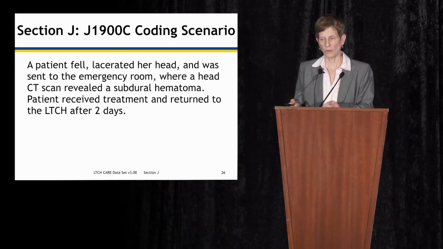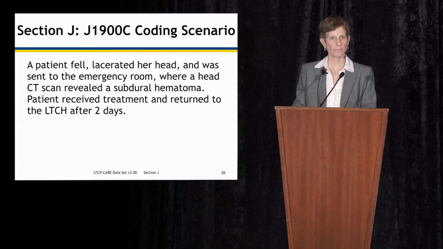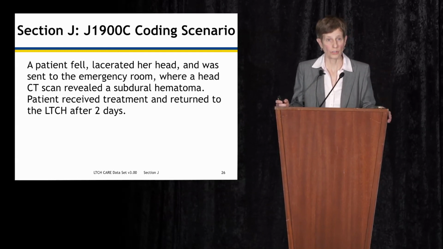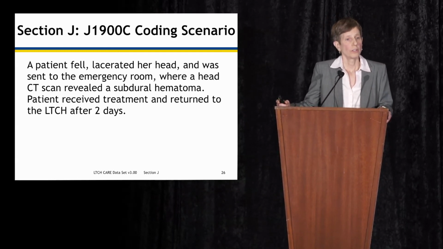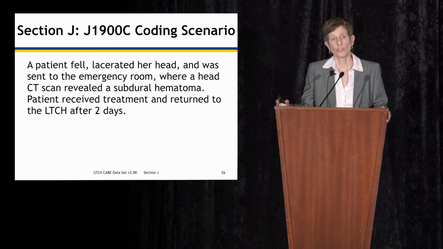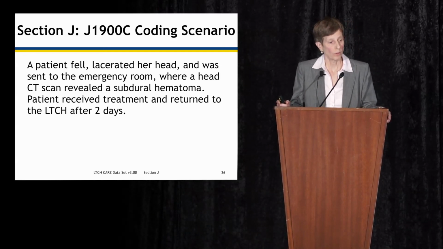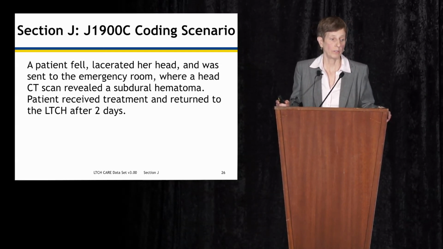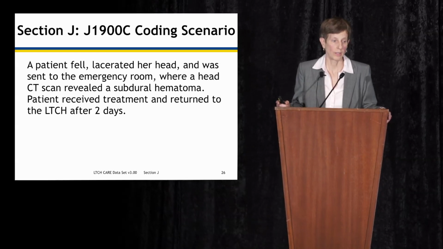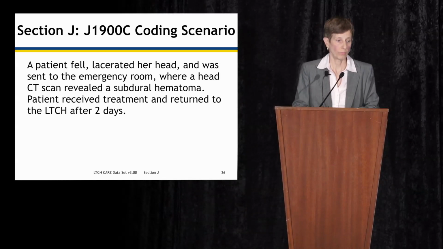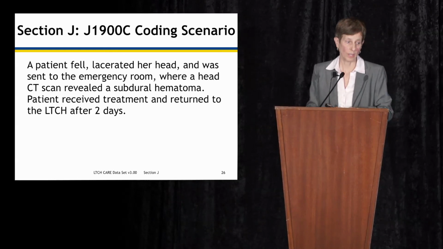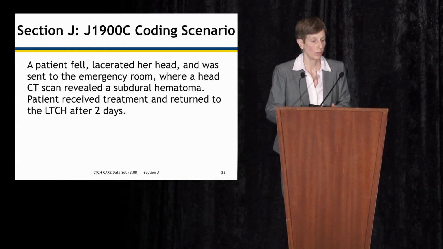The last scenario is a patient fell. This is under J1900C, to determine whether there was a major injury associated with a fall. So the scenario is a patient fell, lacerated her head, and was sent to the emergency room where a head CT scan revealed a subdural hematoma.